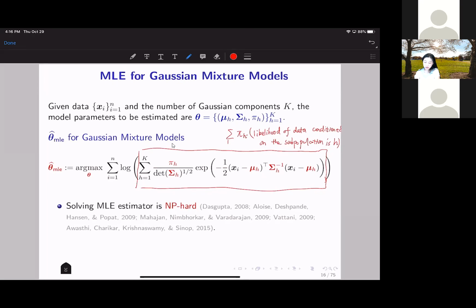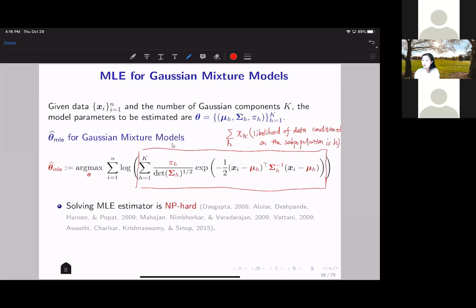Then what is that? Can someone tell me from the conditional distribution point of view? I'm going to pause a little to see if people can understand this. Yes, the pi h's should sum up to 1.